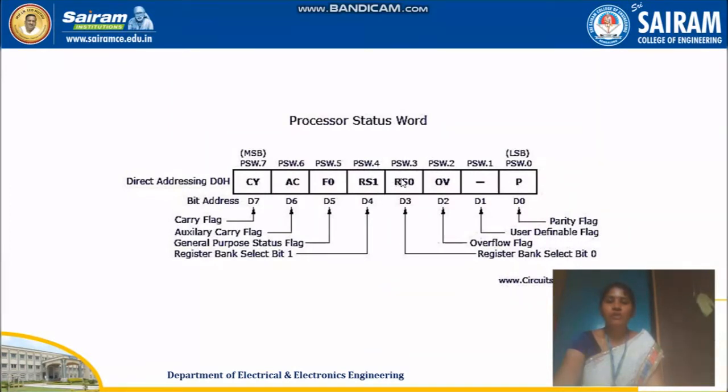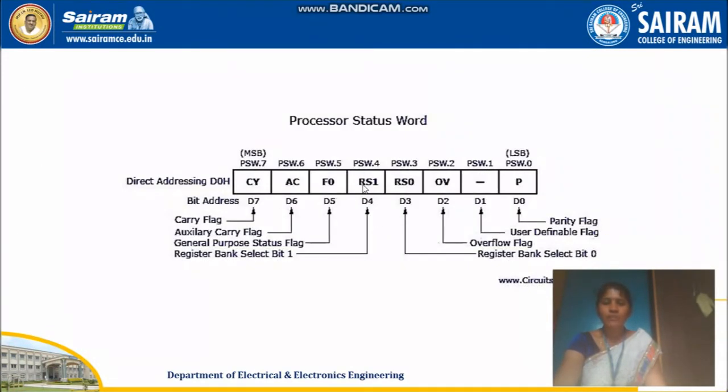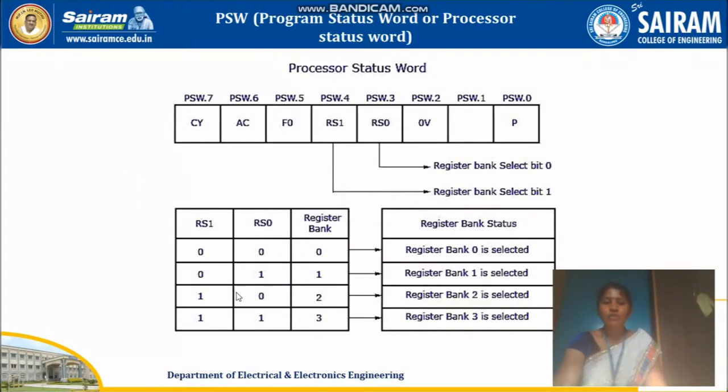For example, if I write SETB PSW.4, it means that bit will be 1. SETB PSW.3, so set means it is 1. So we have 1, 1. When you have RS1 as 1 and RS0 as 1, register bank 3 will be selected.